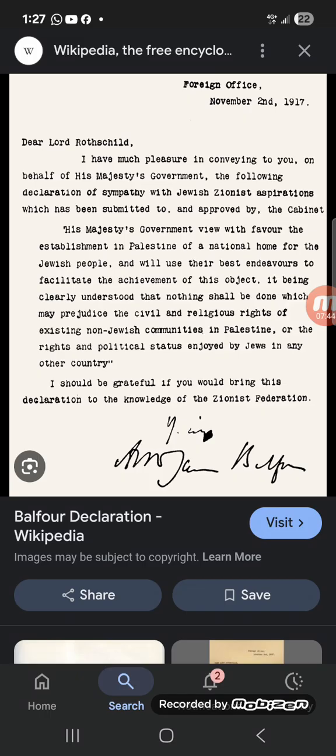Foreign Office, November 2nd, 1917. Dear Lord Rothschild, I have much pleasure in conveying to you, on behalf of His Majesty's government, the following declaration of sympathy with Jewish Zionist aspirations, which has been submitted to and approved by the Cabinet.